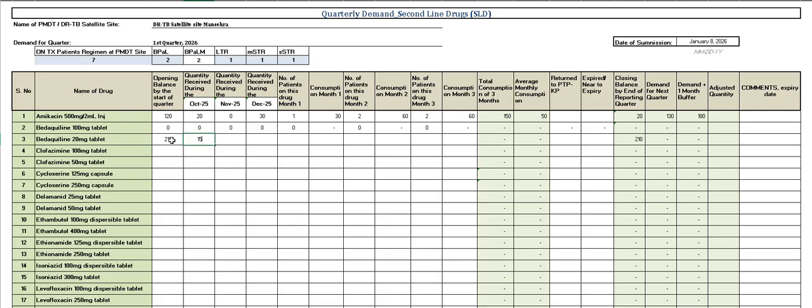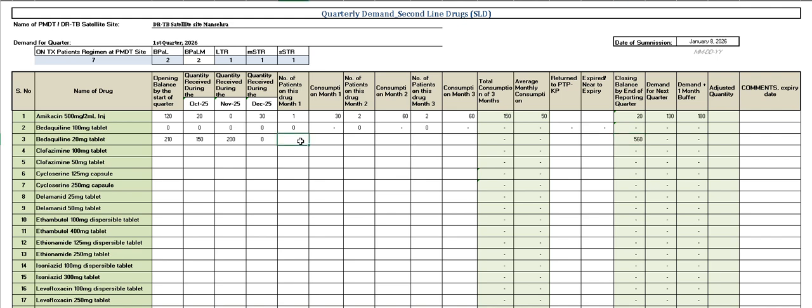During the first month you received 150, during the second month you received 200, and during the third month you received 0 tablets of bedaquiline. So your stock here becomes 560. How? 210 plus 150 received during the first month and 200 received during the second month. So your total becomes 560 tablets.